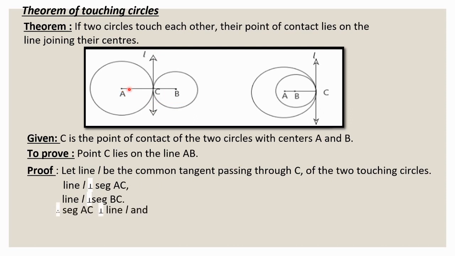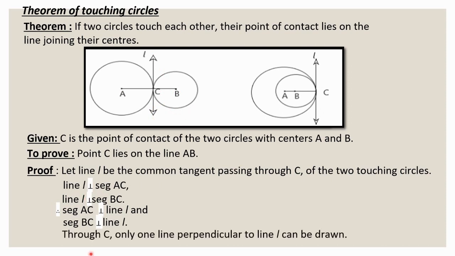Therefore, segment AC is perpendicular to line L and segment BC is perpendicular to line L. Now we note one thing, that through C, only one line perpendicular to line L can be drawn. Therefore, we can say points C, A and B are collinear.